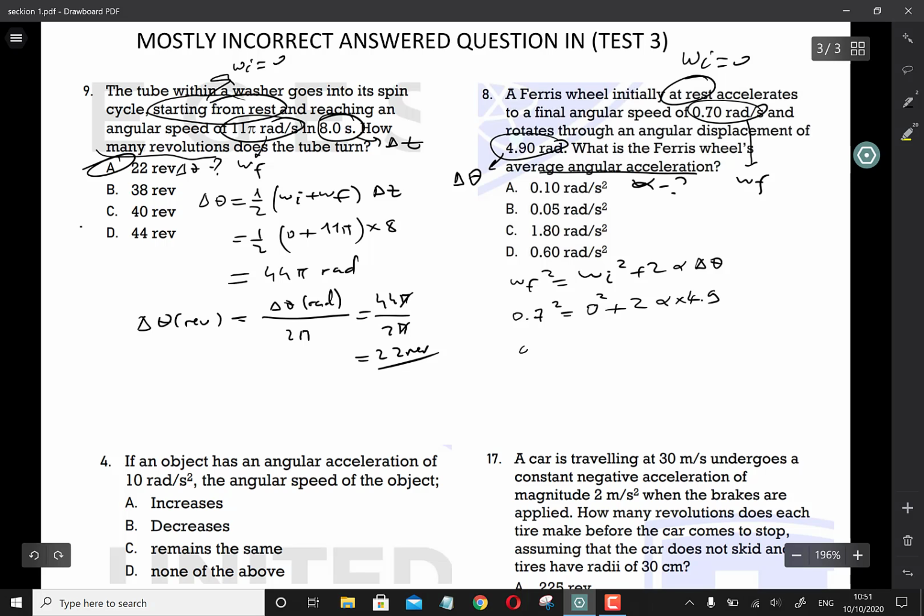So 0.7 squared is 0.49, equals 2 times 4.9, which is 9.8 alpha. Divide both sides by 9.8. 0.49 divided by 9.8 is 0.05. Alpha is equal to 0.05 radian per second squared, which is B, the correct answer.